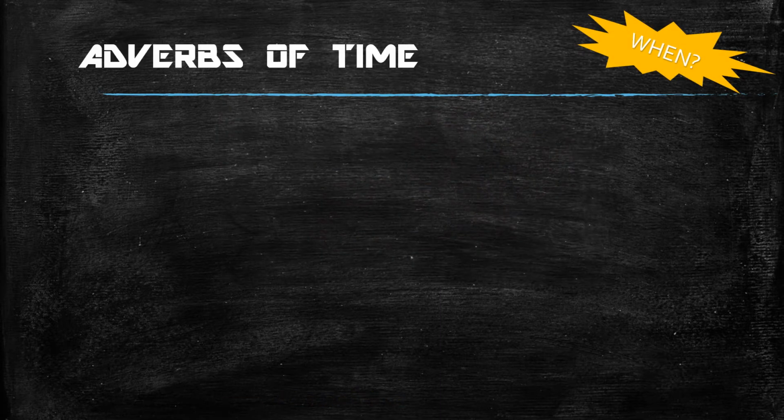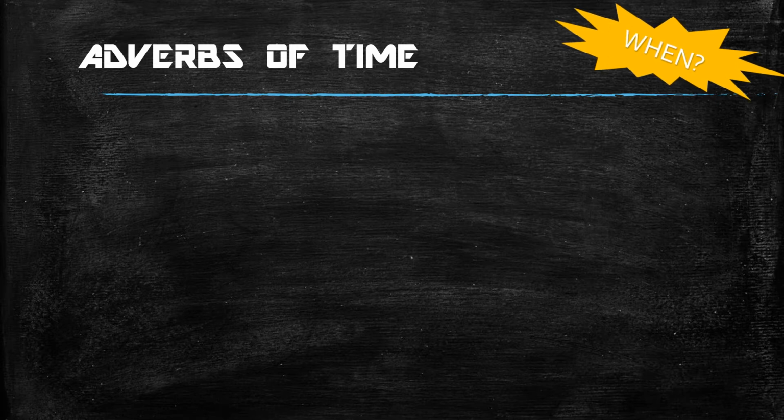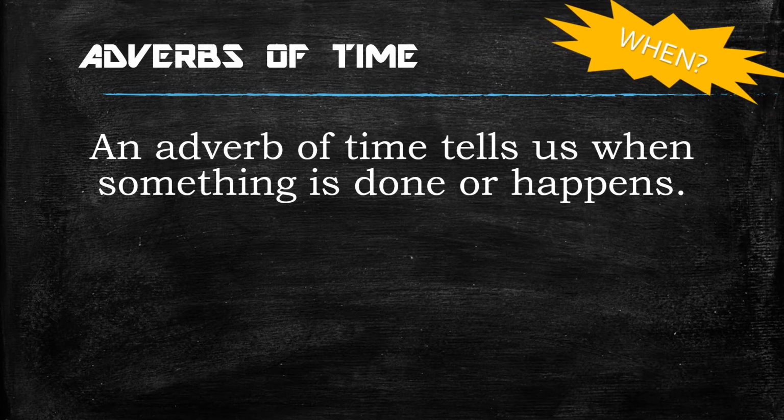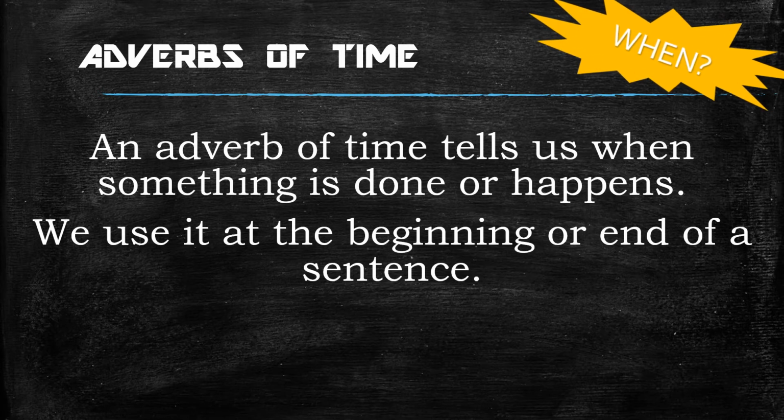Adverbs of time. These kinds of adverbs answer the question when. An adverb of time tells us when something is done or happens. We use it at the beginning or end of a sentence.